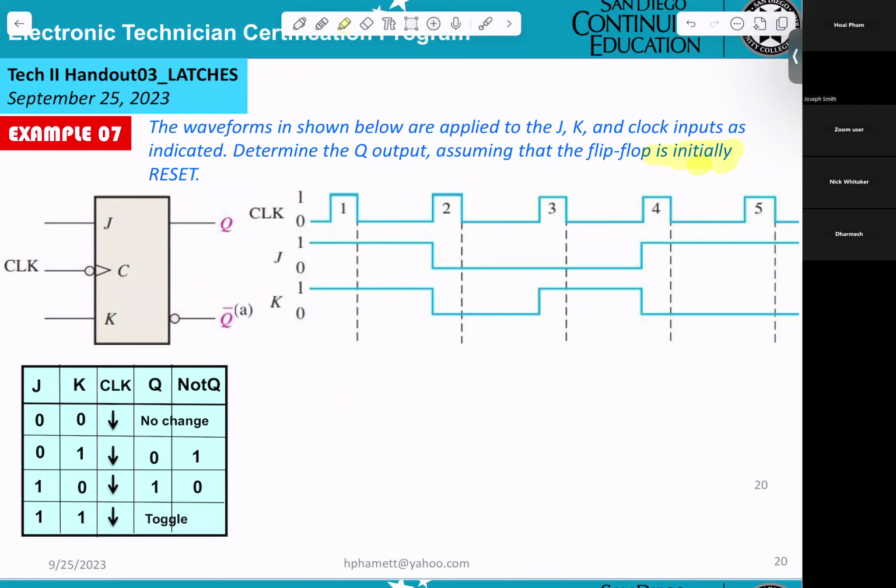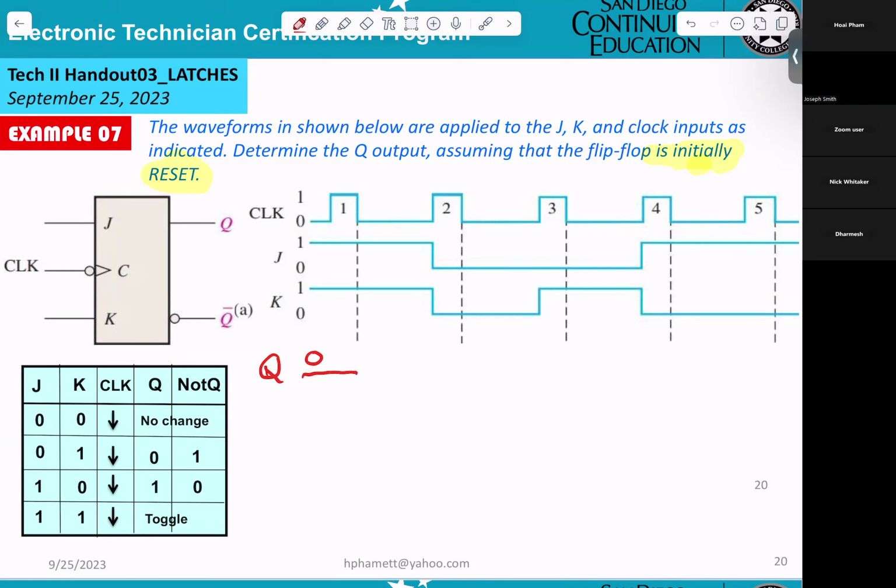They're telling you that at the beginning, Q will be equal to 0. So no matter what, you draw the Q as zero.